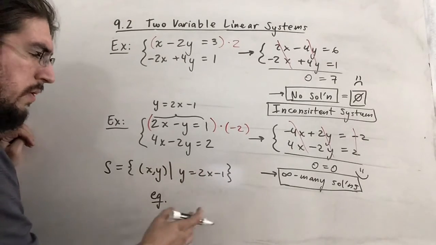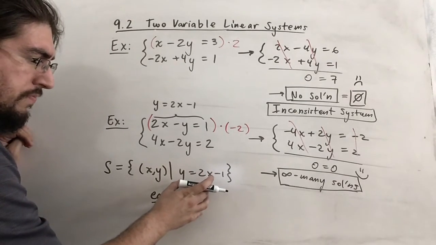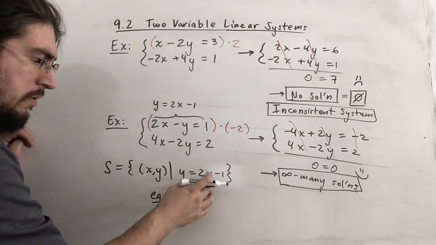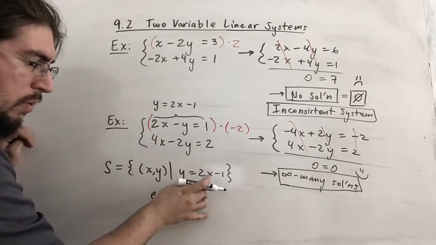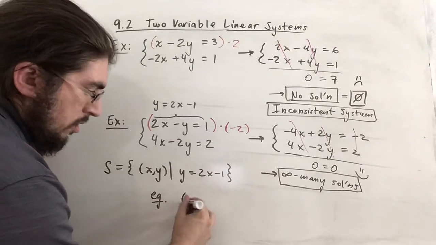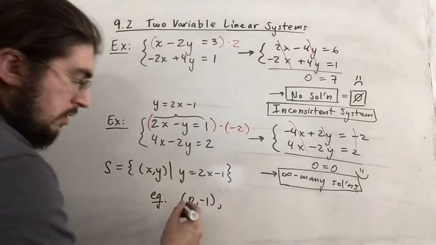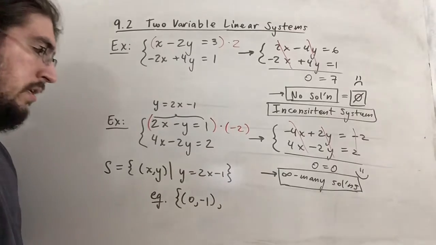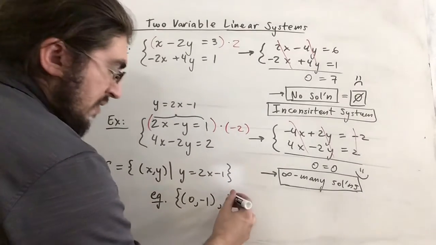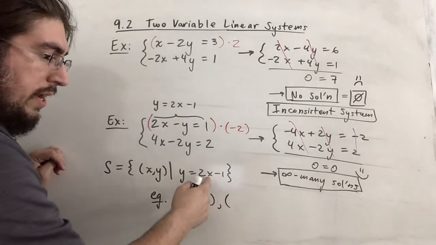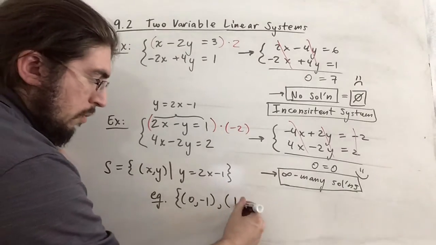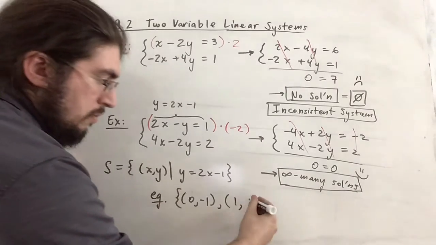let's let x equal 0. When we let x equal 0, what's y? It'll be -1. So (0, -1) is in the set. If you plug in 1 for x, you'll get (1, 1), since 2 minus 1 is 1.